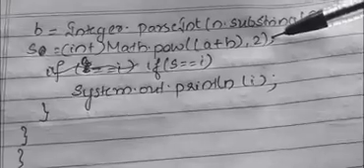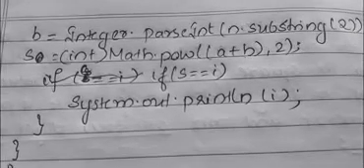For that we use the pow function, Math.pow(a + b, 2), and it will be converted to integer type and stored in the variable s. Clear? Since both a and b are of string type, we want to convert them to integer type, so typecasting is done here.